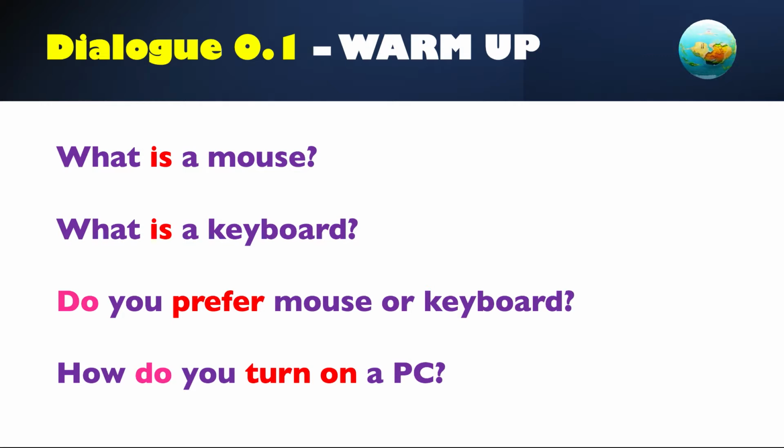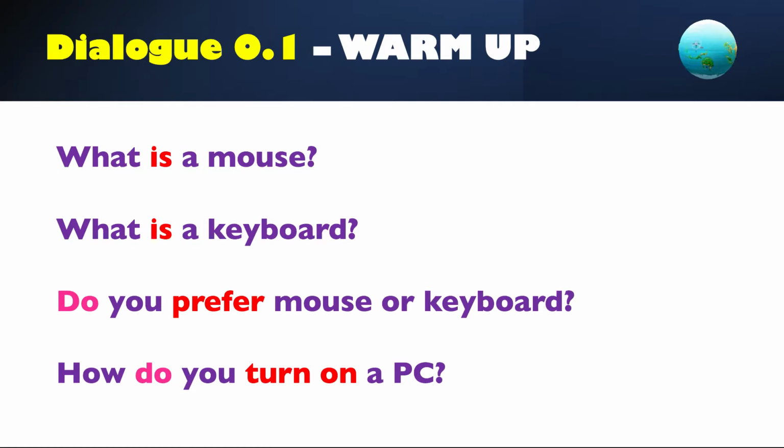Yes, so we all learn this in Unit 1 and 2. Do you prefer a mouse or a keyboard? I prefer mouse, if I can help it. Or these days you can use other tools like glasses, so head-mounted devices. Yes, there's lots of hardware out there.